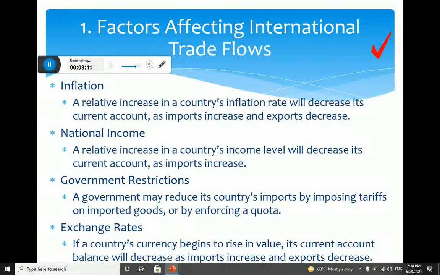Government restrictions. A government may reduce its country's imports by imposing tariffs on imported goods, or by enforcing quotas. Sometimes, in order to grow and develop the local industry, the government increases tariffs and taxes on the imported goods.